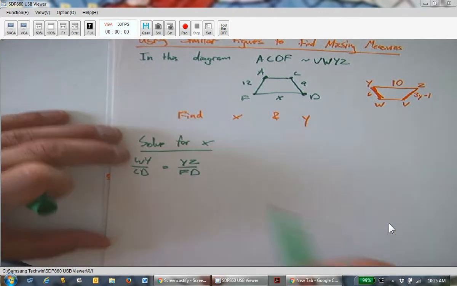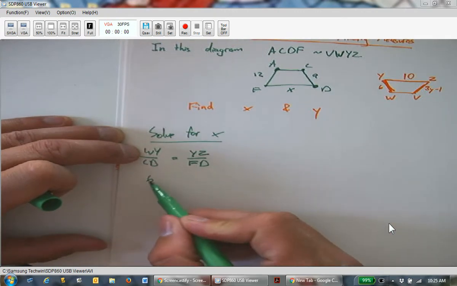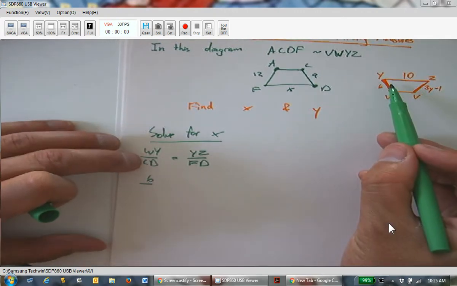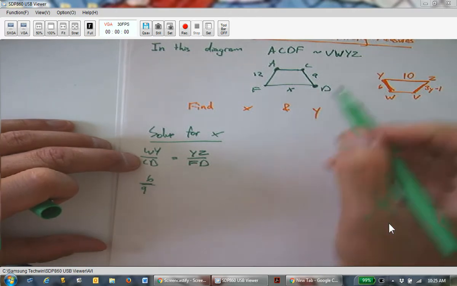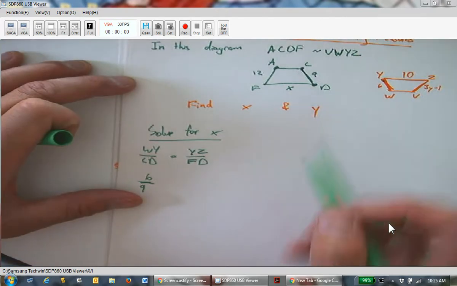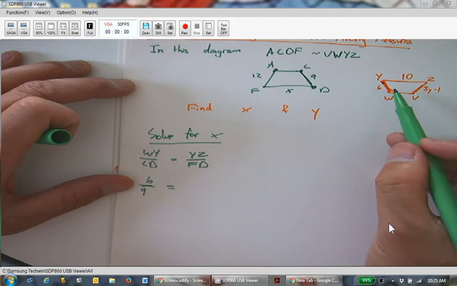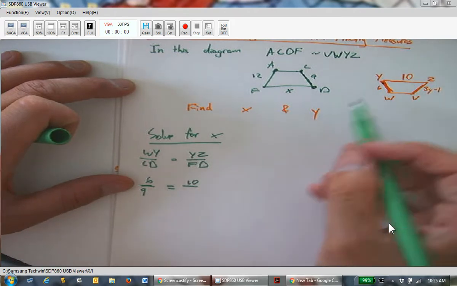Okay, so you did WY, which is 6, in comparison to CD, which is 9. That is correct. These are corresponding sides that should be similar to each other if you look at the naming convention. You also set up YZ, which is 10, to FD.